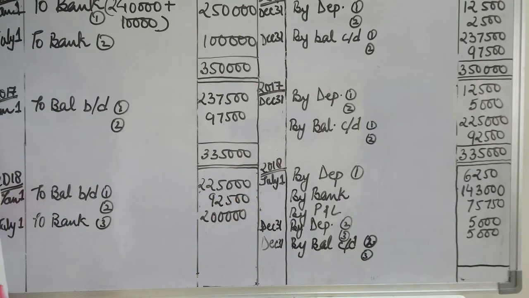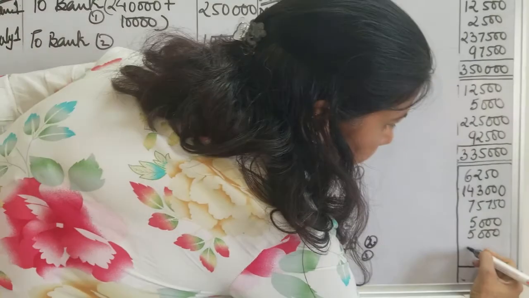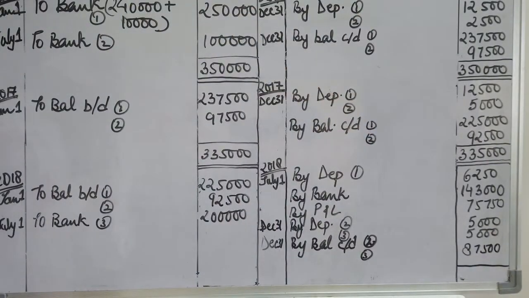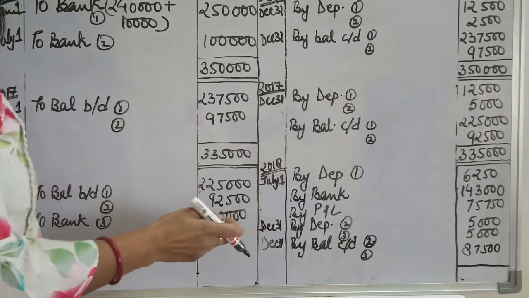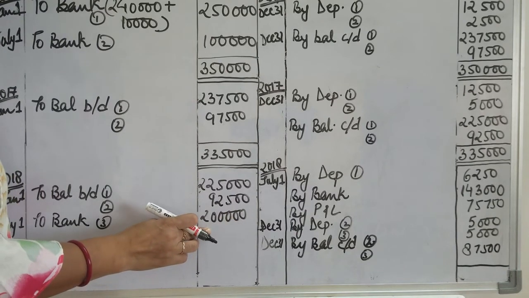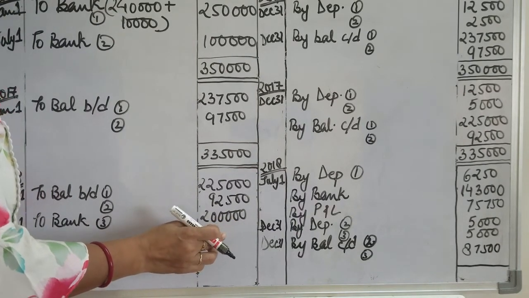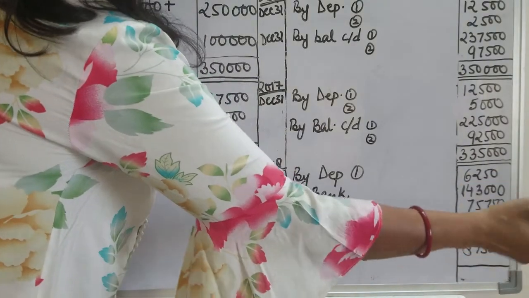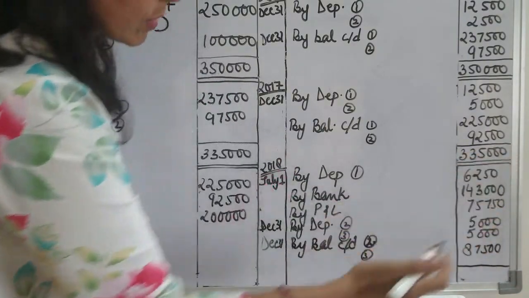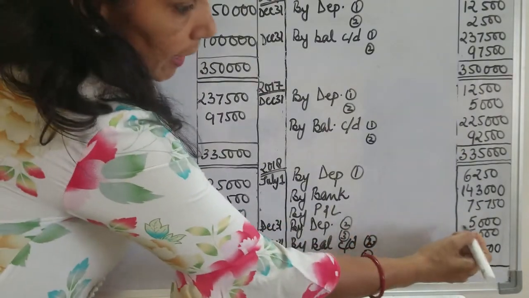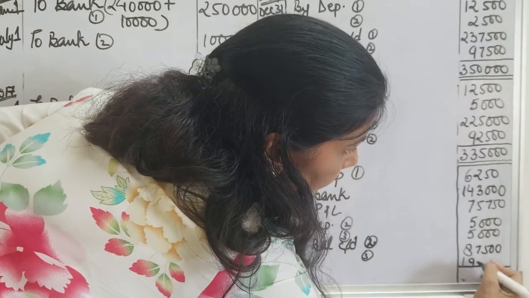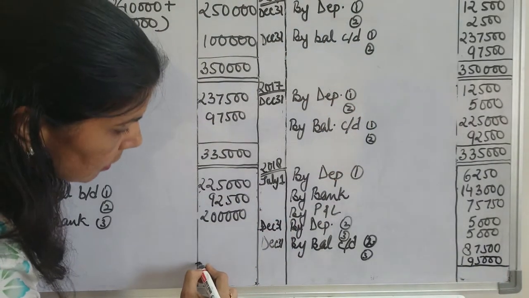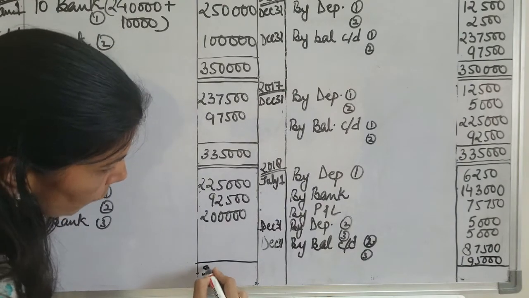So the closing balance of this machinery will be 87,500. Okay. And now the third machinery is of 2 lakhs rupees. On this machinery 6 months depreciation was provided at the rate of 5%, which comes to 5,000. So 2 lakh minus 5,000 is 1,95,000. Right?